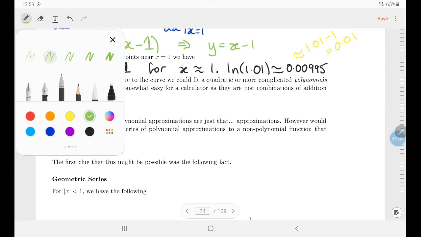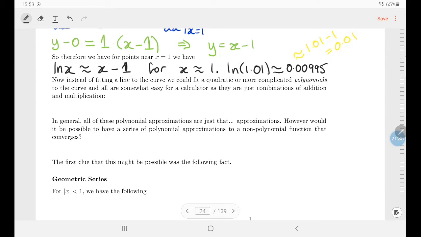So instead of fitting a line to the curve, you could fit a quadratic or more complicated polynomial. That's just sums of powers of x. And all are somewhat easy for a calculator, just combinations of addition and subtraction and multiplication. So the question is, could we write, say, using a cubic, log of x is approximately some constant, which is probably the -1 from above, plus some constant times x, which is probably the 1 from above.